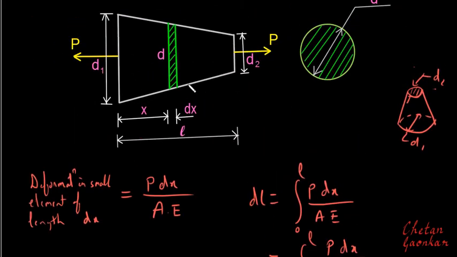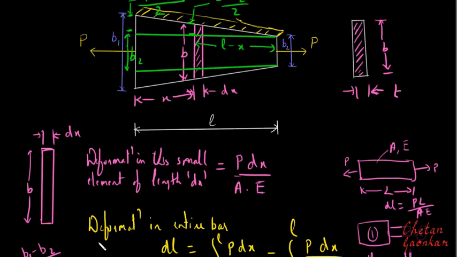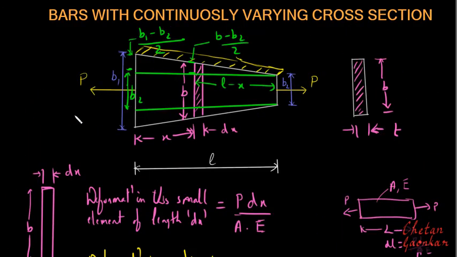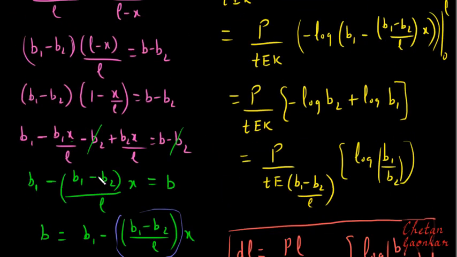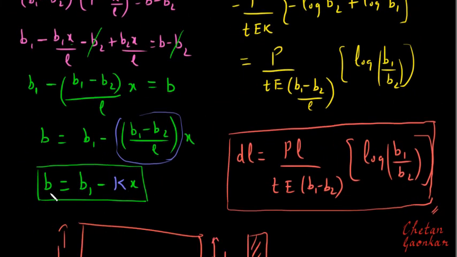D is the diameter, and I know from my previous exercise which I had done here, in a similar case I had B. The way I have D now, I had B, and this relation of B was obtained as follows. The B was given as this.